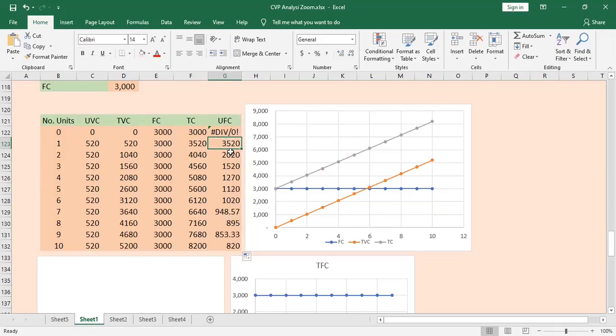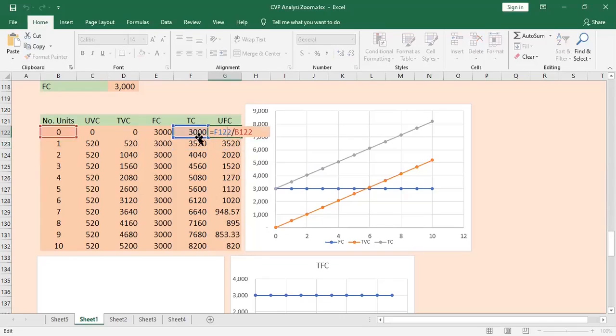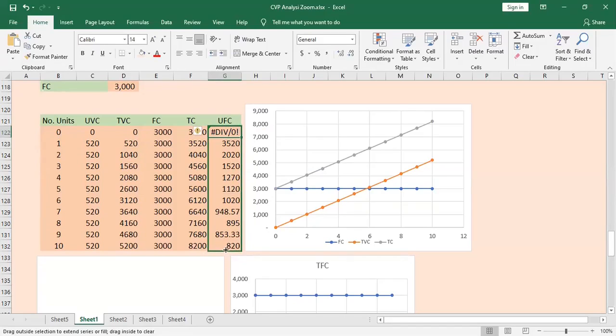When you are producing 1 unit, your unit fixed cost is 3000. When you are producing 2 units, your unit fixed cost is 1500, because when you're producing 2, you divide total fixed cost by 2.